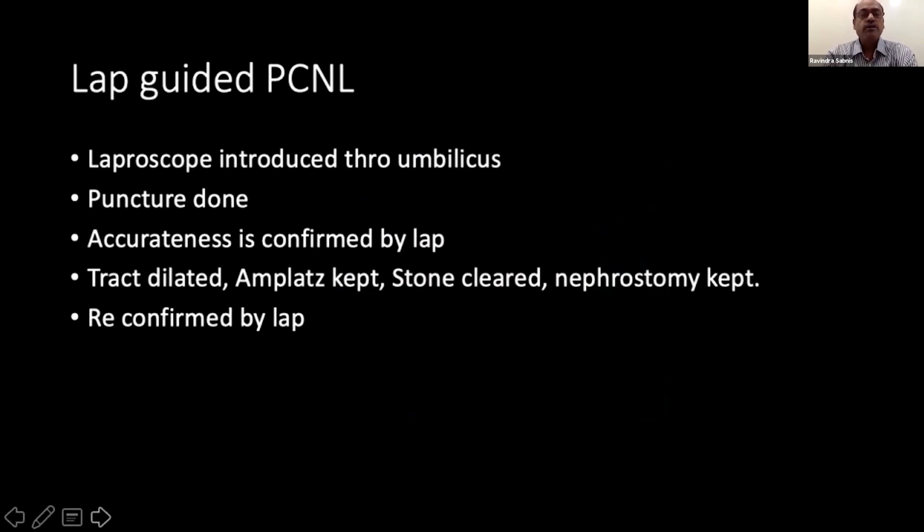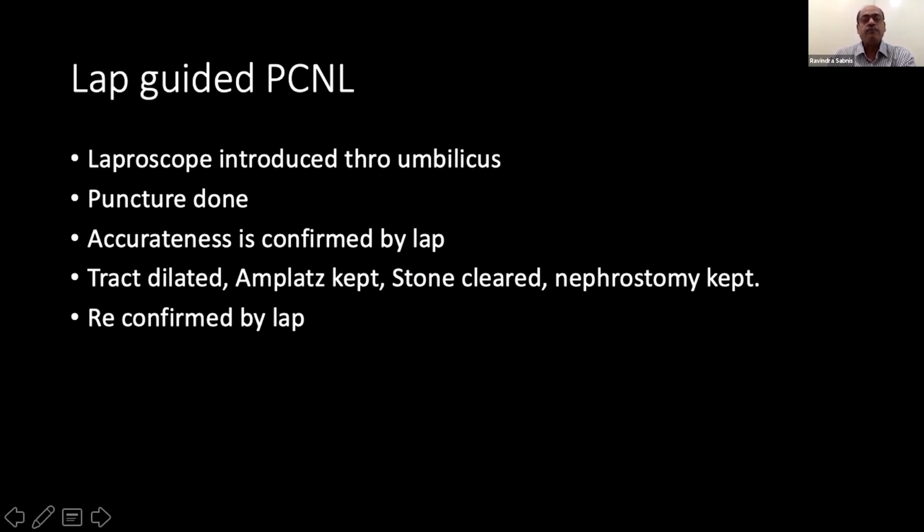However, if you are not going to get the window, then you need to go for the laparoscopy guided PCNL, wherein the laparoscope is introduced through the umbilicus, puncture is done, and the accuracy of the puncture is confirmed by the laparoscopy. In case you see that there is a bowel and the mesentery is coming in the way, then with the laparoscopy, with additional ports, you have to dissect out the bowel and make sure that when you are puncturing the needle, it is not injuring any surrounding organ.